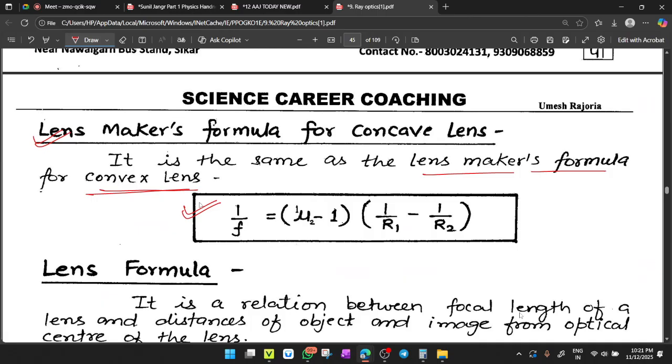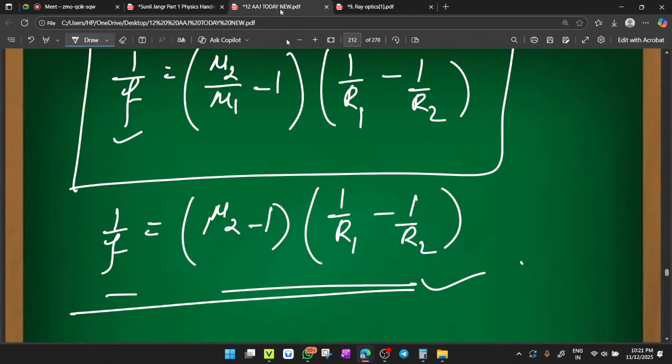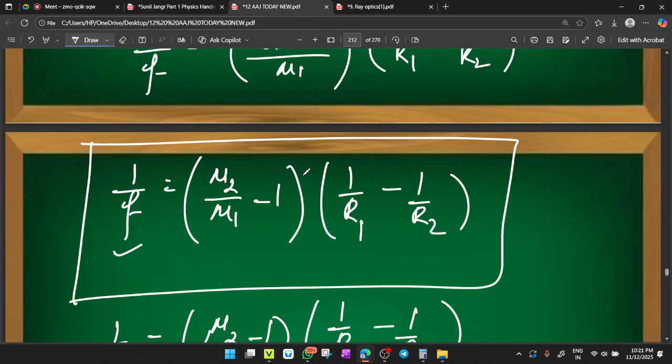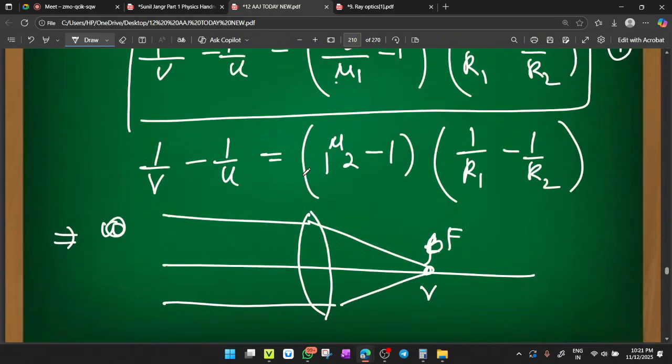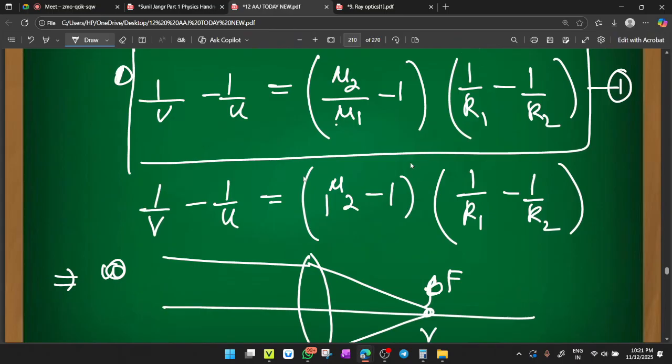Okay. Now next is lens formula. So we have two derivations here: lens maker's formula and then lens formula. Call this formula A. By A, we have 1 upon V minus 1 upon U equals mu 2 upon mu 1 minus 1, 1 upon R1 minus 1 upon R2.